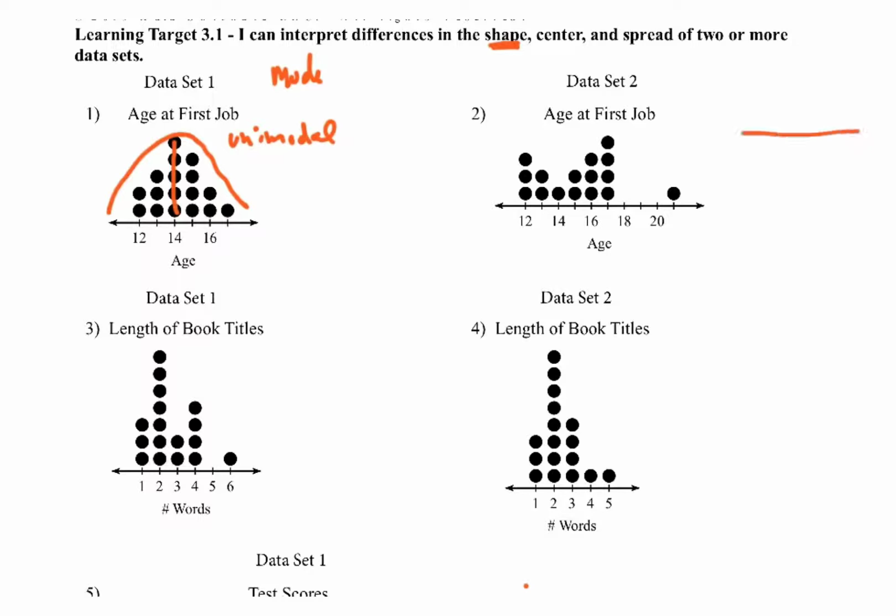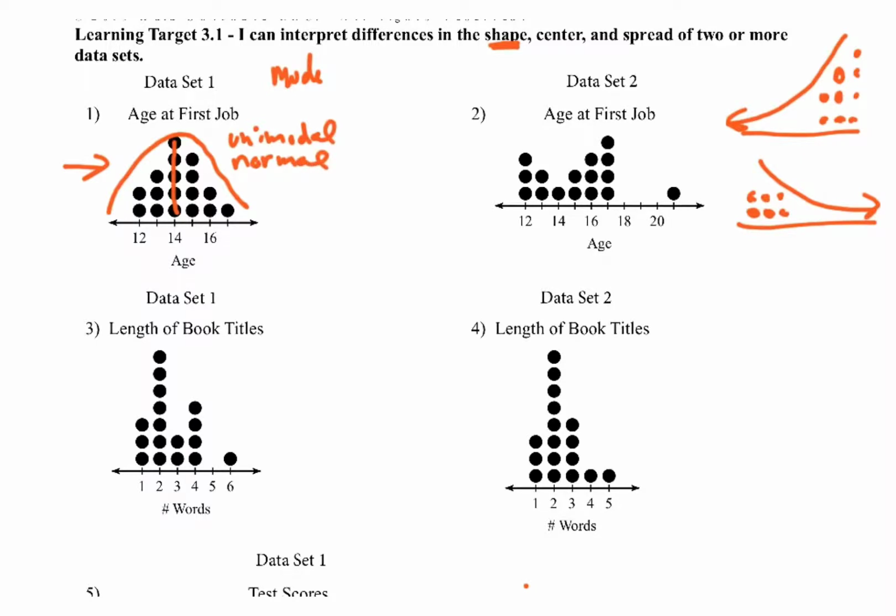A skewed distribution is when all the data is on one side, so it would look like this, skewed to the left or skewed to the right. Or if it's like this one, this is what we call a normal distribution. So on the shape, that's what we're looking at.